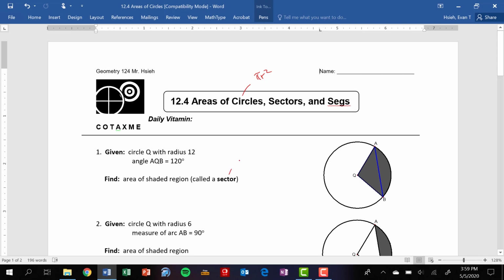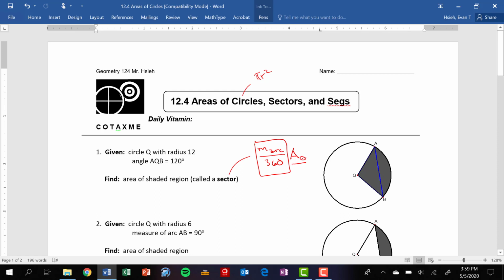And the area of the sector is the measure of the arc divided by 360, which is the fraction of the area of the entire circle, which should remind you of the length of the arc formula, which is the measure of the arc divided by 360, or the fraction, times the circumference. So this is just the fraction of the circle times the area of the circle.